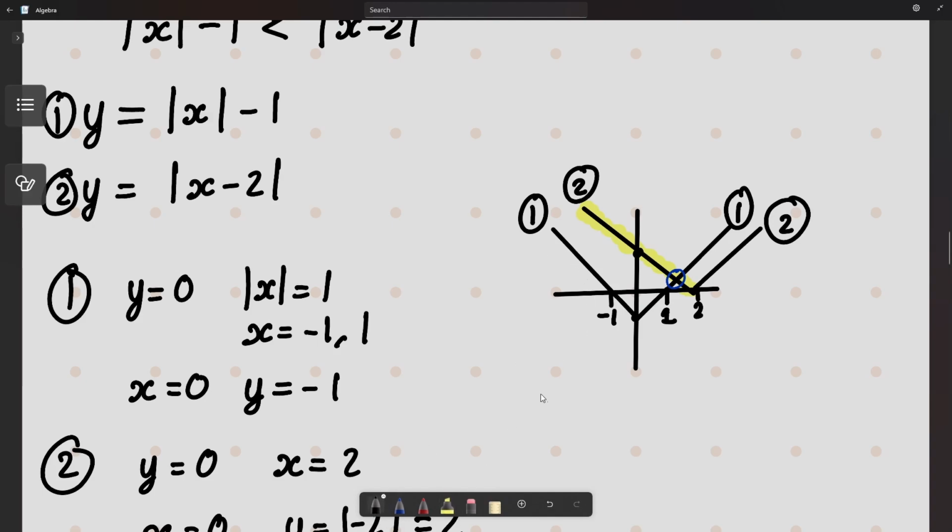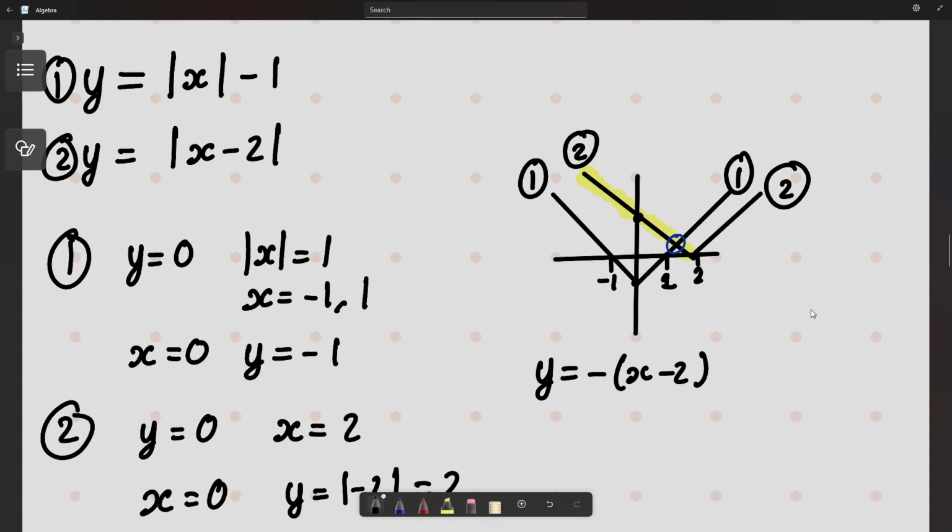So what this basically becomes is just negative of x minus 2 of the second equation. And the first one remains as it is. So you're just going to have y is equal to x minus 1 because in this case, your y is still positive and it's going as it was intended to go.